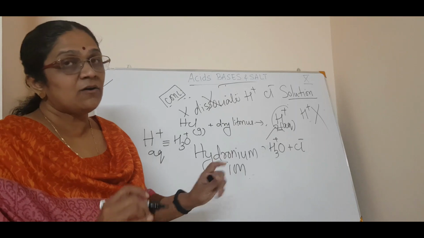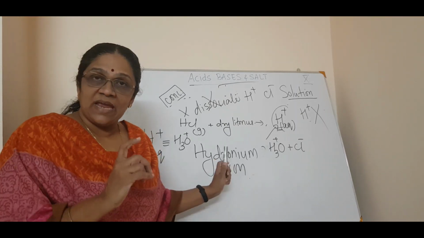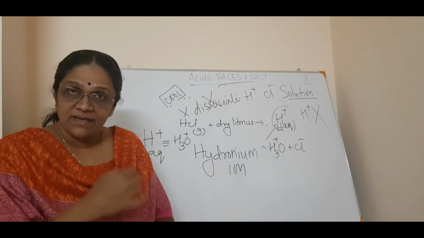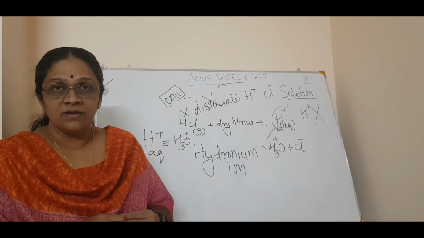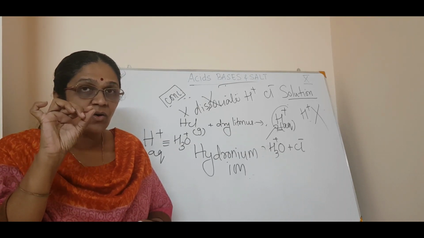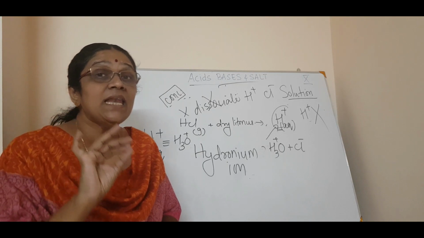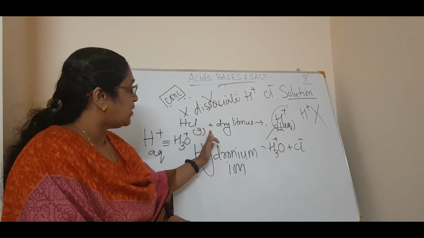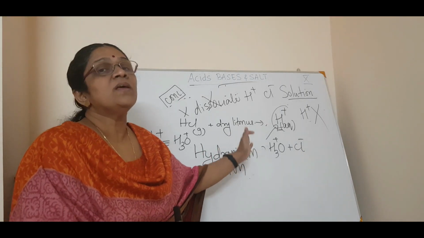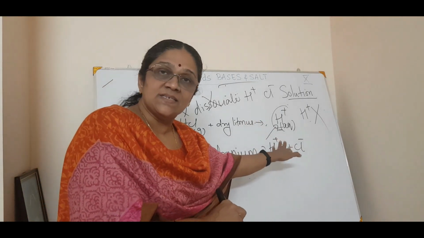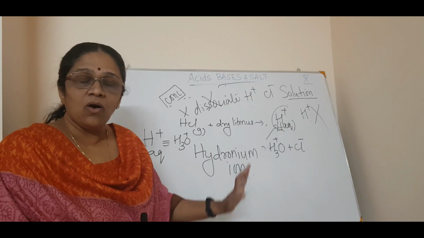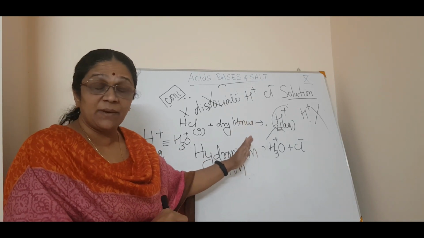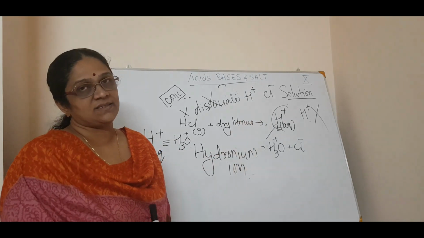So, what is the funda of this? This experiment says that the H plus ion cannot exist independently. It binds with the water molecule to form H3O positive plus Cl minus.